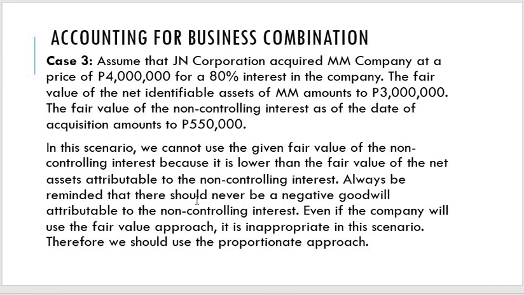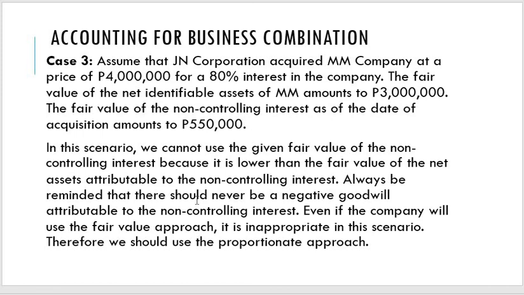Okay, so this is the case wherein full goodwill is not applicable, because the fair value of non-controlling interest is lower. So, even if the company uses the fair value option, it is not applicable, because the fair value of non-controlling interest is lower than the proportionate share of non-controlling interest in the net assets, or fair value of the net assets of the subsidiary.